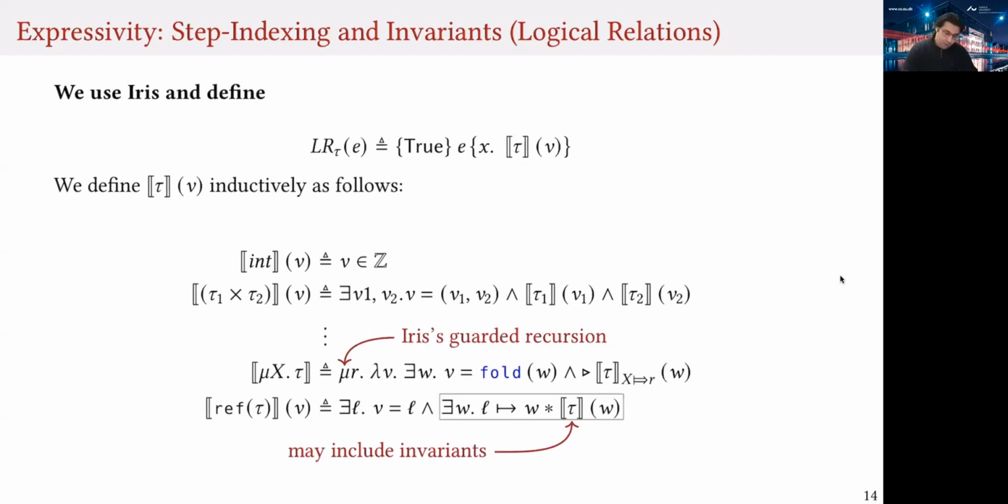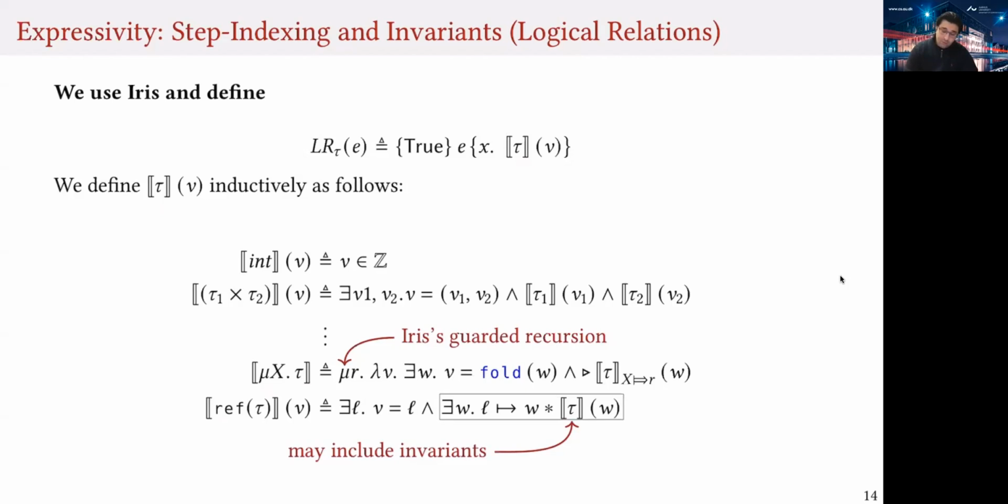The key point is that we can also define what it means to be a value of a type directly as an inductive definition in Iris, right?